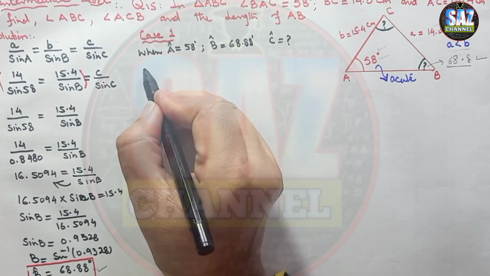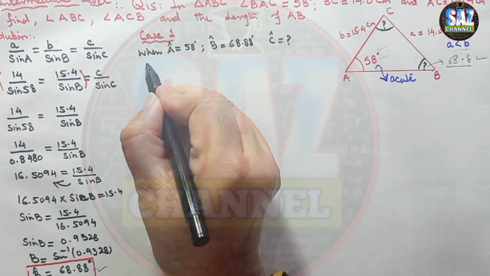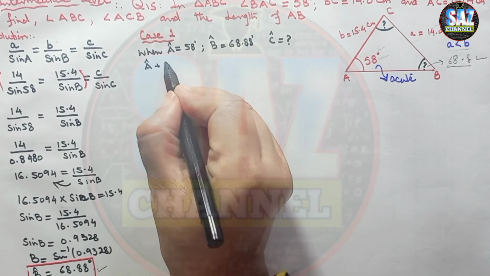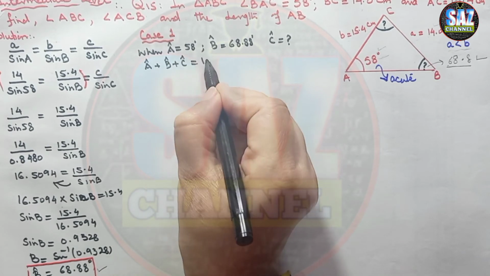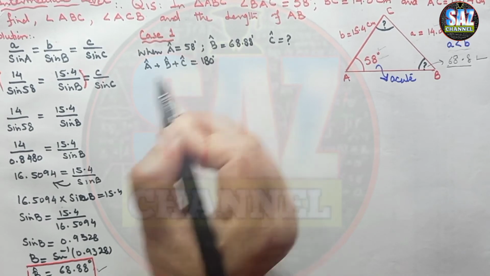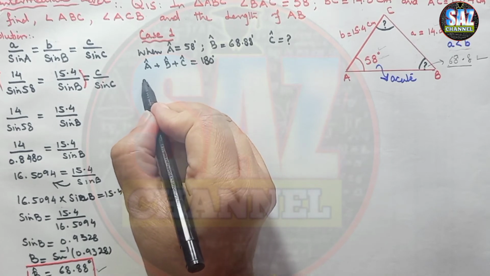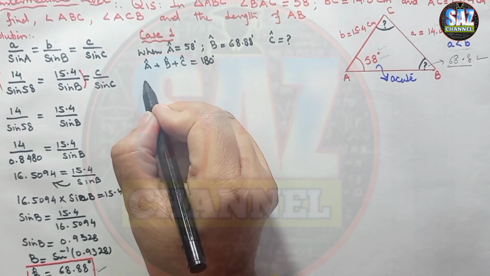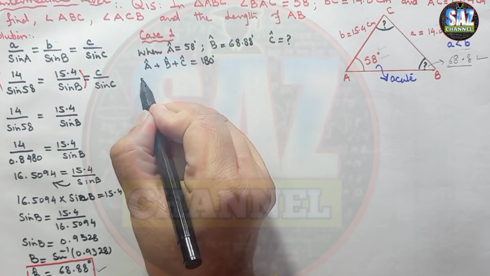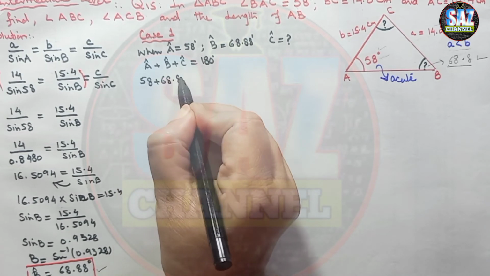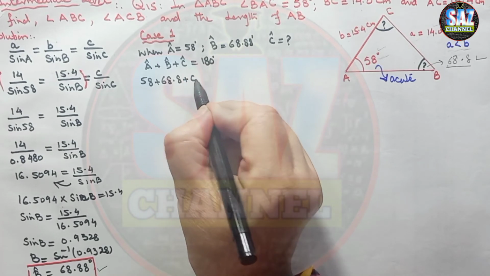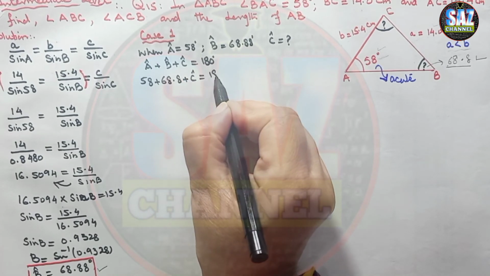We know that the sum of angles of the triangle equals 180 degrees. Angle A plus B plus C equals 180 degrees. Now replace the values: 58 plus 68.88 plus angle C equals 180 degrees.